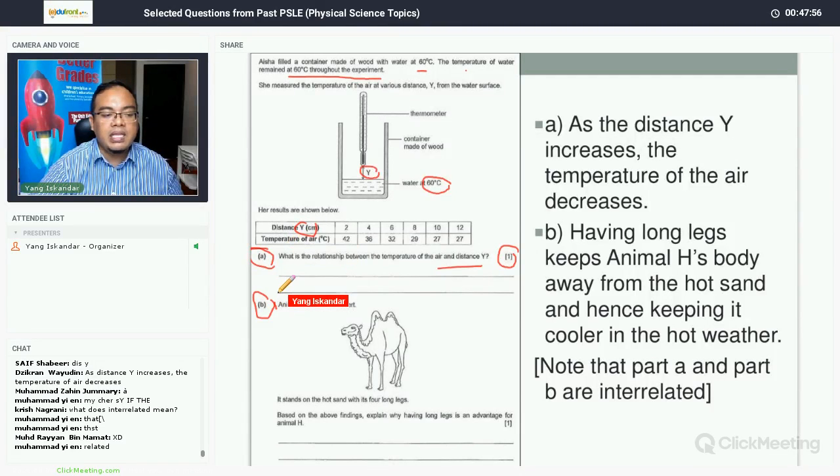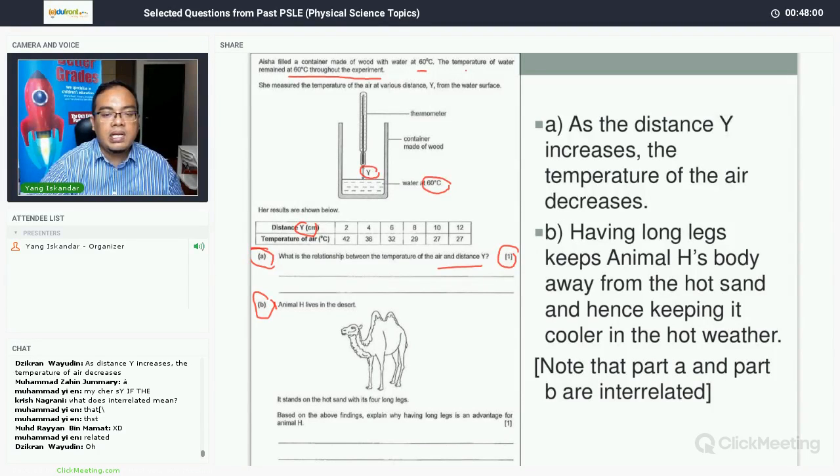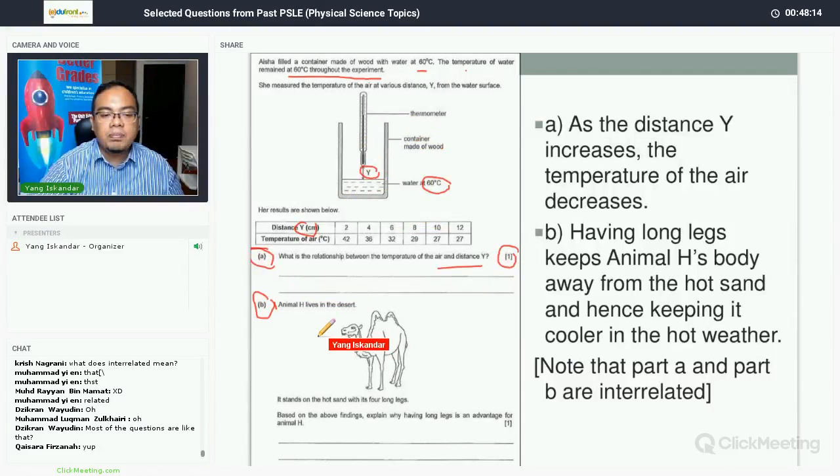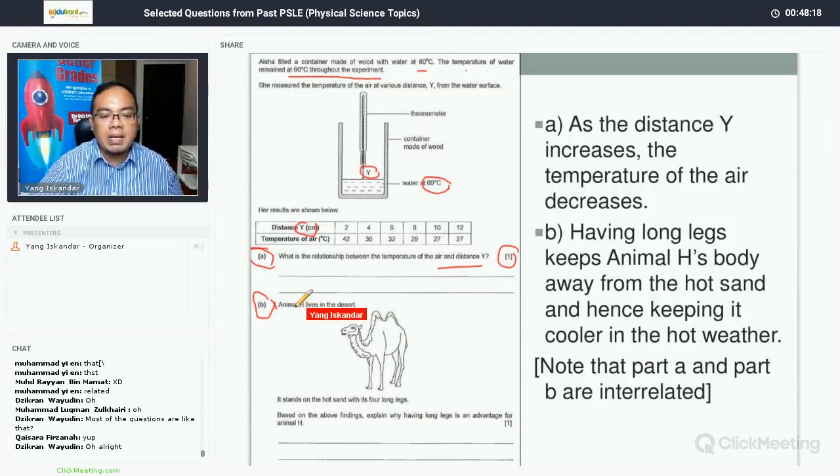Interrelated means they are connected, meaning that you need to use the information or the clues in the earlier part so that you are able to answer the questions in the later part. Understand? Very important, because if you take a look here at part B, if you do not refer to part A, you will not be able to understand or answer part B correctly.